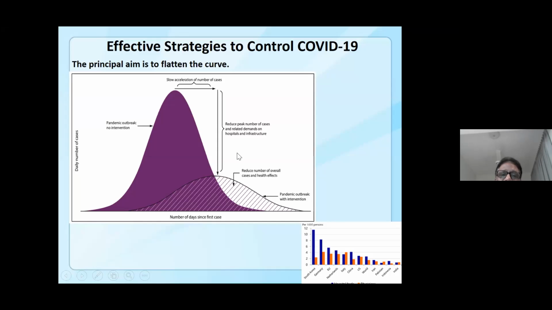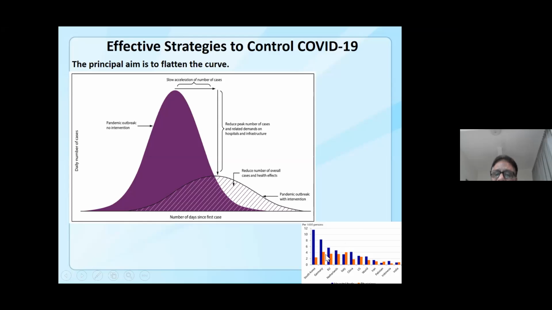The idea is we want to reduce the peak number of cases, because when you have the peak number of cases, there's a demand on hospitals, on infrastructure. And then, we would like to reduce the number of overall cases and the health effects. So the idea is to what's called flatten the curve. We use the term flatten the curve. Instead of having a peak, we try to flatten the curve. And that flattening can only happen through certain interventions.